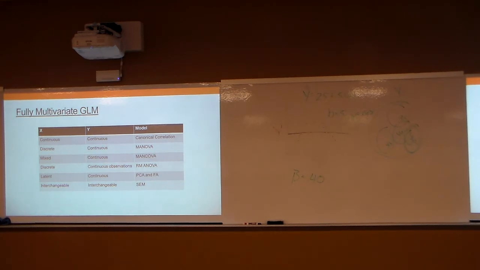If we've got a mixture of categorical and continuous IVs and a number of continuous outcomes, we're talking about MANOVA. If we've got discrete outcomes and a number of continuous observations, this is repeated measures ANOVA stuff. This is a big tool that hopefully many of you will be using in your theses and dissertations. Super powerful and helpful. If we've got a latent X, X's that we've not observed, but a number of continuous outcomes, we're talking about factor analyses and principal components types of stuff.